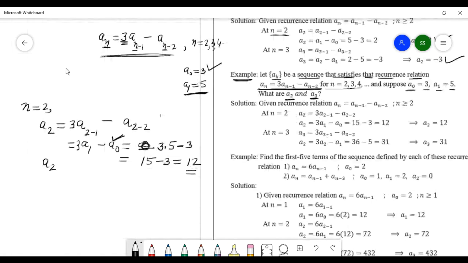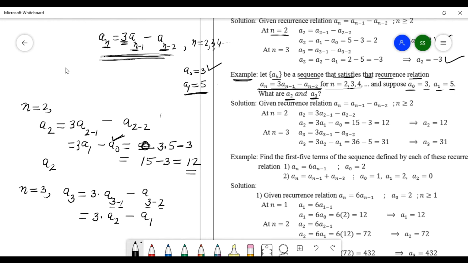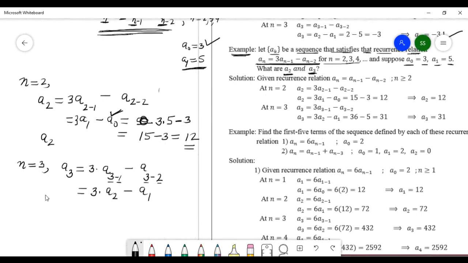Same way you have to find A3. Okay. Take here n equal to 3. You put it here in this relation. n is with 3. Here A3 equal to 3 times a, 3 minus 1, and minus here 3 minus 2. So this is equal to what? 3 multiply a, 3 minus 1, this is 2, minus here 3 minus 2, this is 1. Okay. What is this?